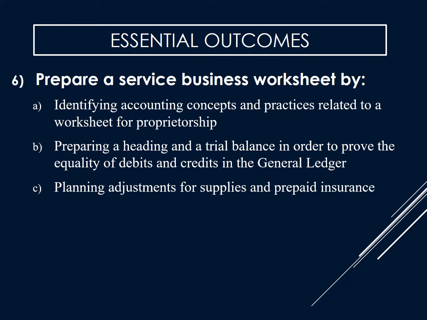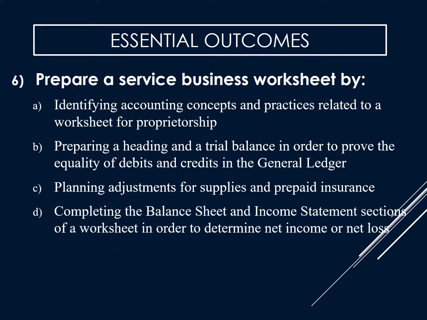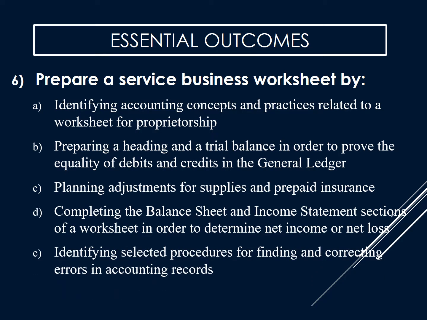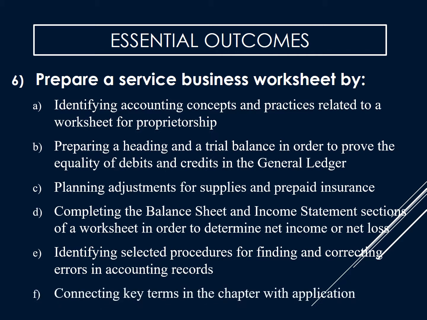Calculate and plan adjustments for supplies and prepaid insurance. 4. Complete the balance sheet and income statement sections of a worksheet. 5. Identify procedures for finding and correcting errors in accounting records. 6. Connect key terms in the chapter with application.